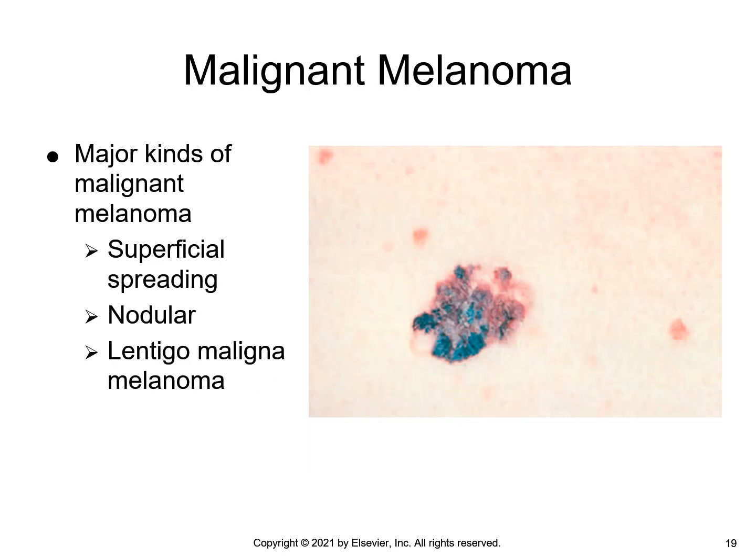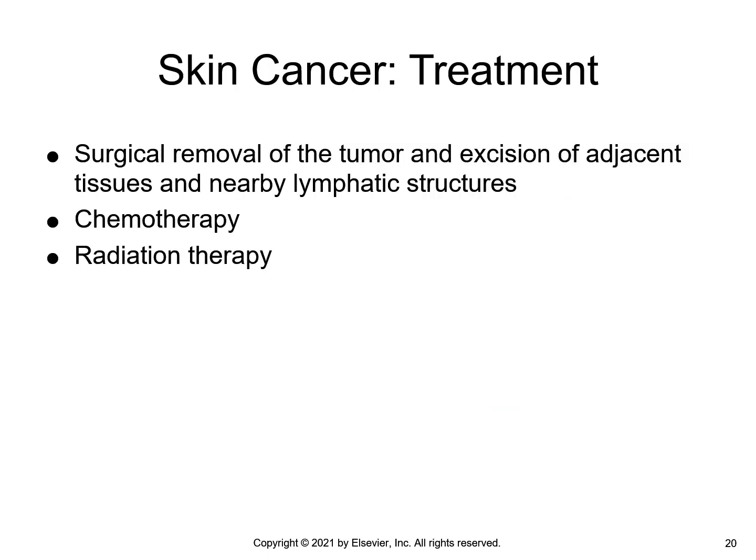Malignant melanoma always requires surgical removal of the tumor and the excision of adjacent tissues and possibly nearby lymphatic structures. Chemotherapy may be used to destroy tumor cells believed to have migrated beyond the tumor site.